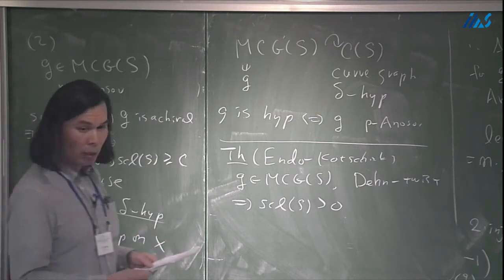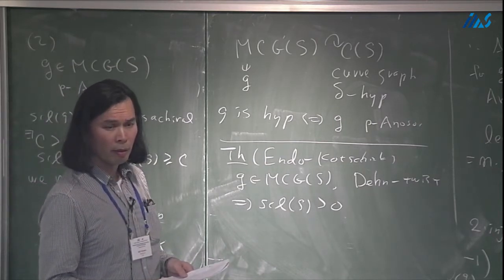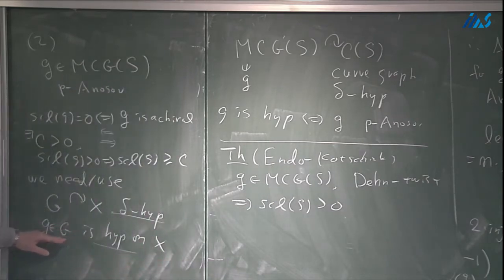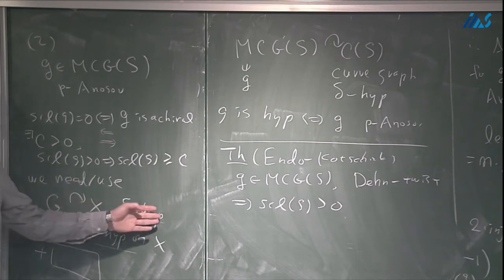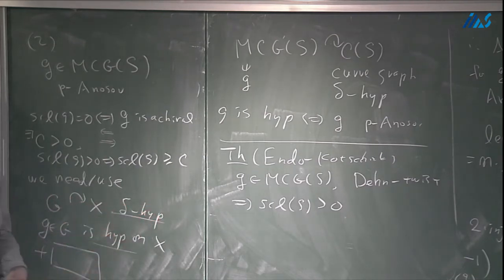So for this conclusion, do you need more than just hyperbolicity of the action? Do you need something like WPD or whatever? For this one? Good. You must need something else, right? Yeah, of course, plus something for the action. Otherwise, I could just state the theorem: group G acting on a delta hyperbolic space, the element is hyperbolic, then positive.